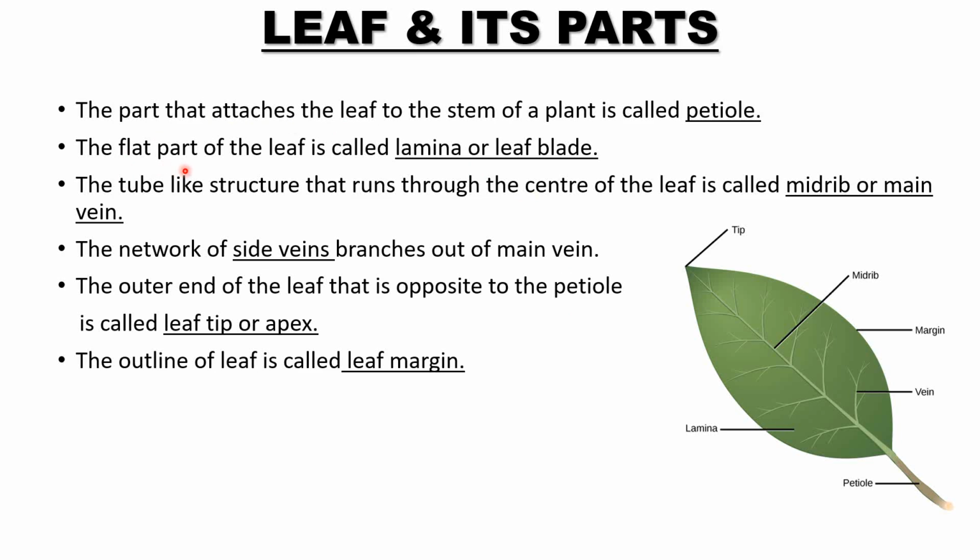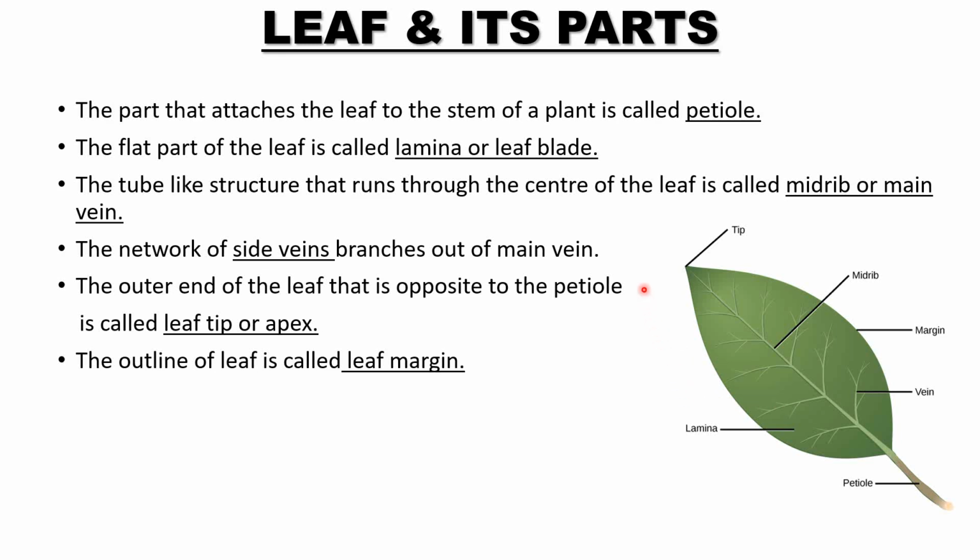The second is the flat part of the leaf, called lamina. Now here you can see a broad body surface of a leaf, the whole complete green part. This green part is called the lamina, or you can also say leaf blade.